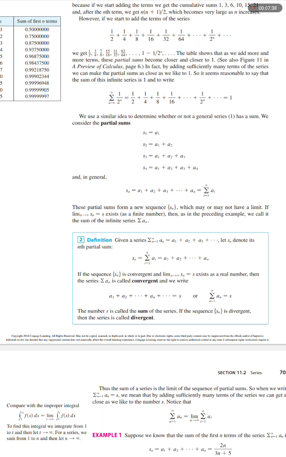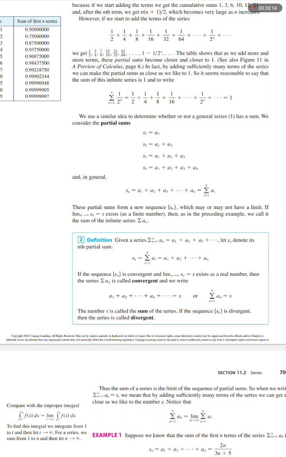If the sequence {s_n} is convergent, and the limit as n approaches infinity of s_n equals s exists as a real number, then the series, the sum of a_n, is called convergent, and we write a_1 plus a_2 plus ... plus a_n plus ... equals s, or the sum from n equals 1 to infinity of a_n equals s.